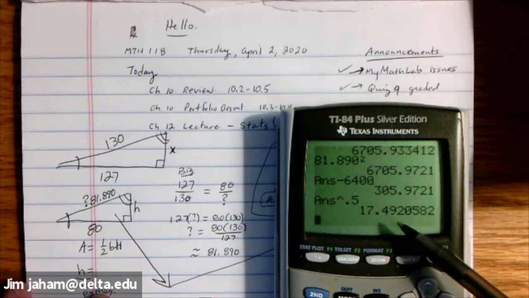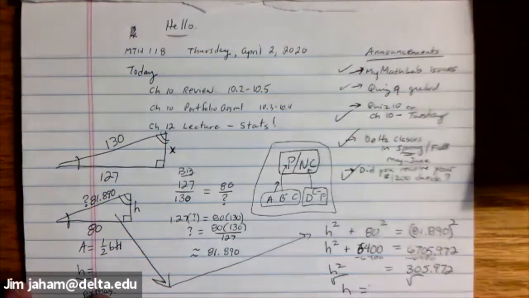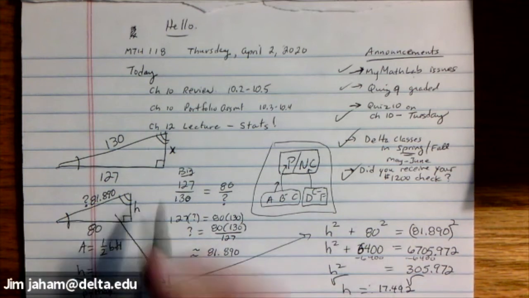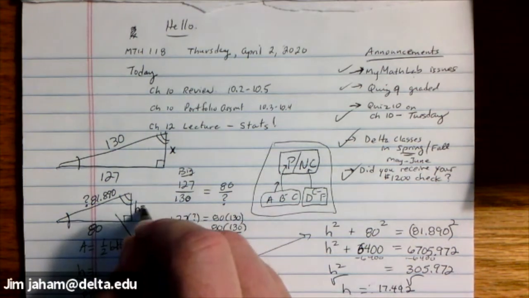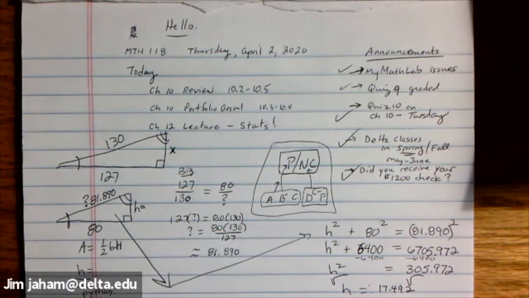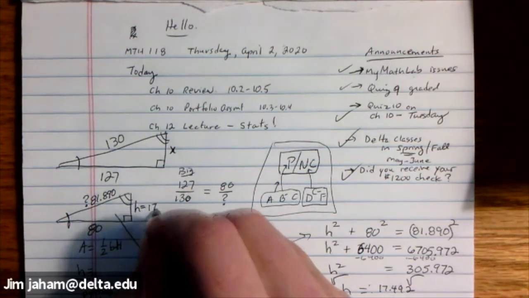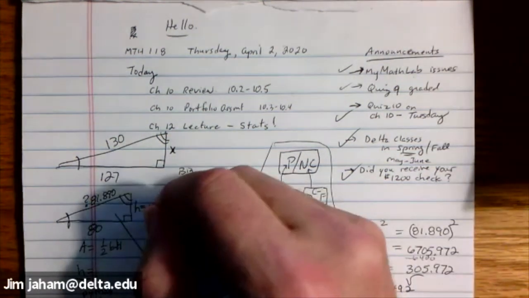So it looks like 17.492. So that's the missing side. So Pythagorean theorem in this triangle to find the h. The calculations are not nice and easy because we have these big numbers, because they're decimal numbers and so on, but the process is still the same. So 17.492.